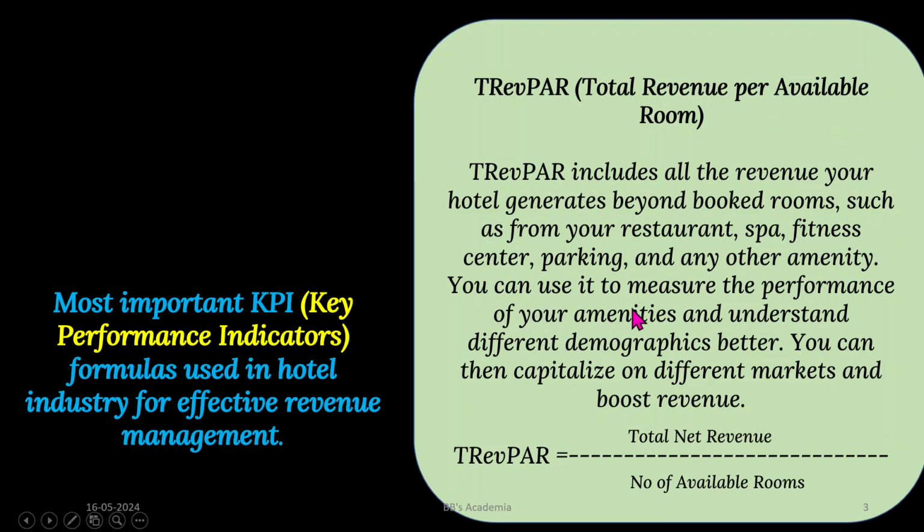You can use it to measure the performance of your amenities and understand different demographics better. You can then capitalize on different markets and boost revenue. It's well understood whether people are loving your restaurant, your specialty cuisine restaurants, or they are loving your spa or the fitness center or your parking area.